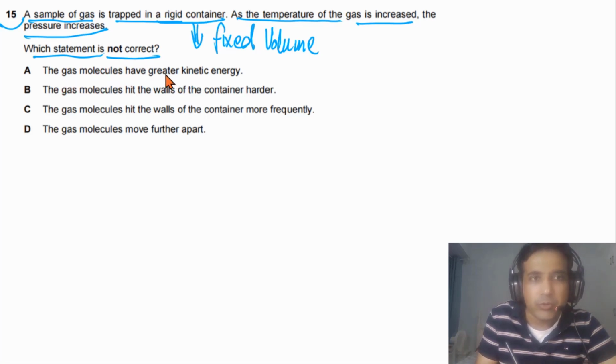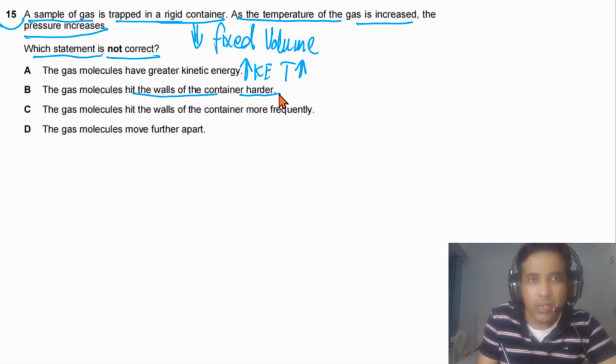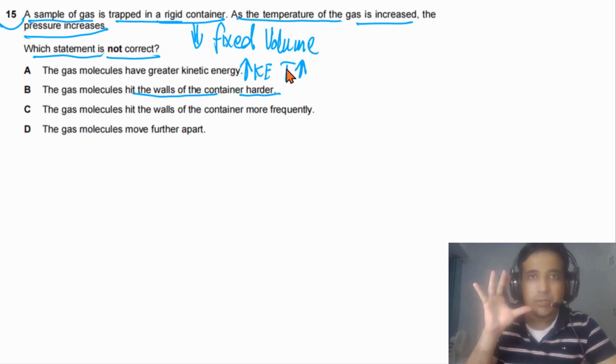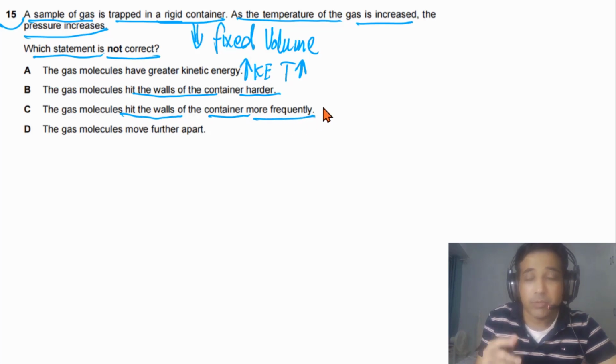The gas molecules have greater kinetic energy. Yes, kinetic energy of gas molecules increases if temperature of the gas increases. The gas molecules hit the walls of the container harder. Yes, because molecules are moving faster, so they will hit harder. The gas molecules hit the walls of the container more frequently. Yes, because their speed is greater, they're moving faster, so they will hit the walls more frequently.